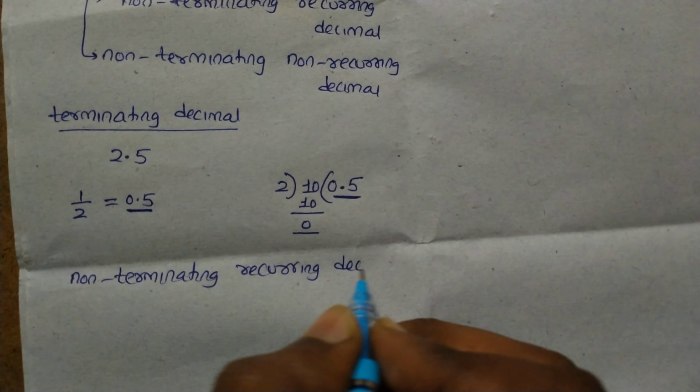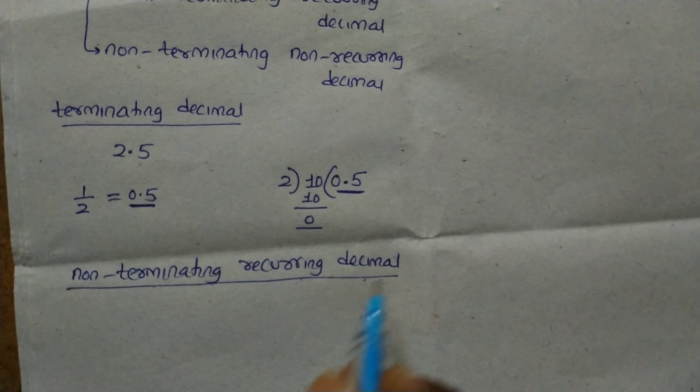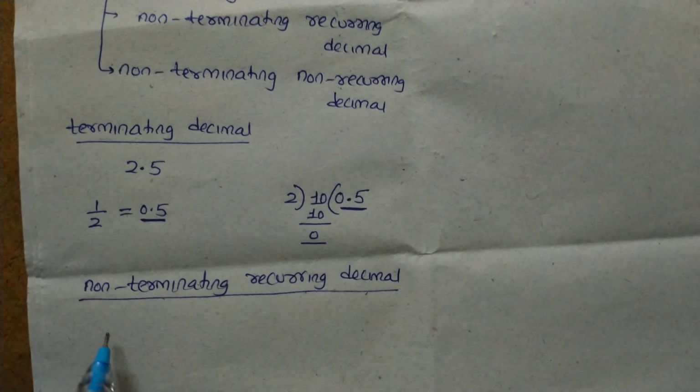What is this non-terminating recurring decimal? Suppose I want to do 1 by 7.